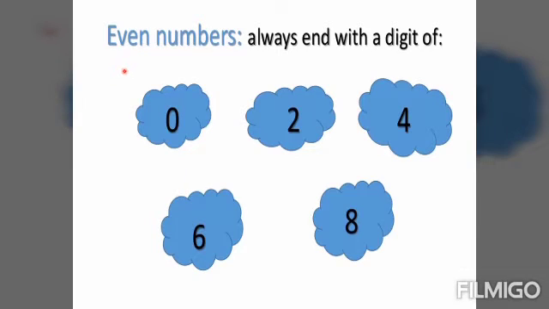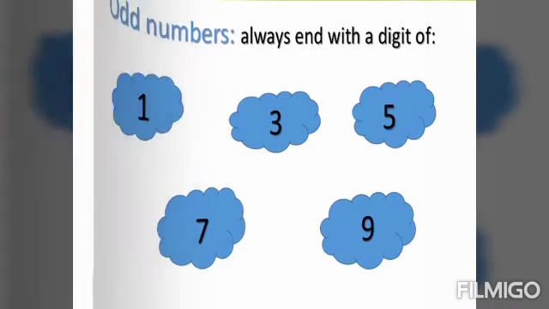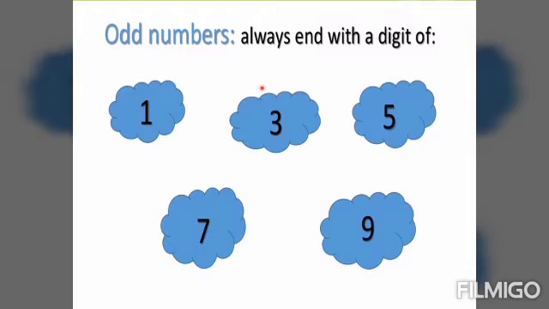Remember that even numbers always end with a digit of 0, 2, 4, 6, and 8. And odd numbers, class, always end with a digit of 1, 3, 5, 7, and 9.